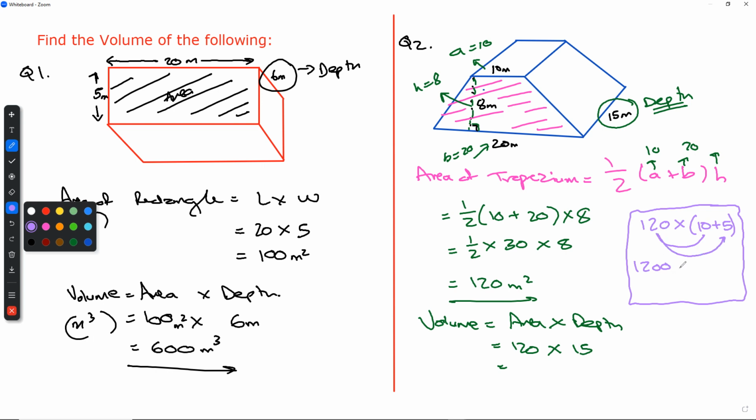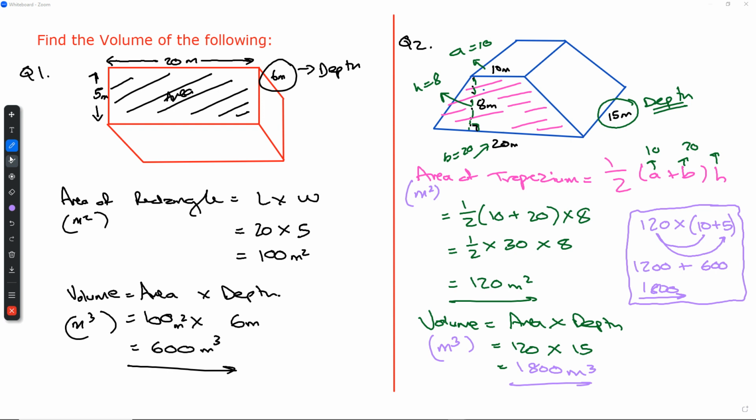And what's half of 1,200? 600. And then add it up. It comes to 1,800. And so this will be 1,800 meters to the power of 3, because remember, volume is meters cubed. Your units will serve as an extra mark. All right, so it's important to make sure that you get your units perfectly. All right, and that's it.